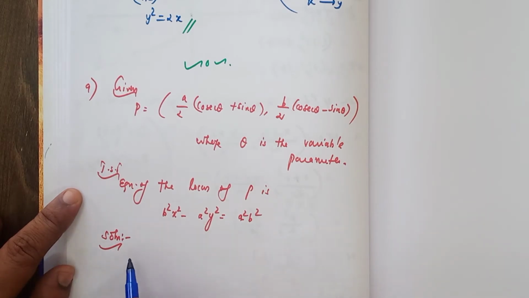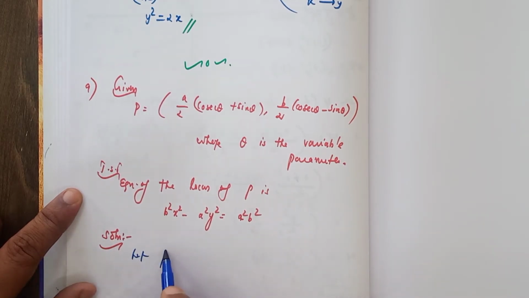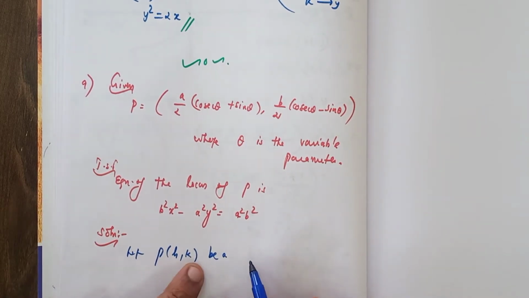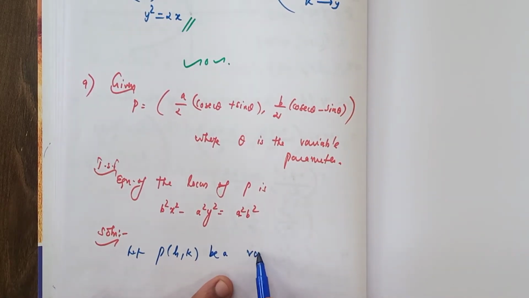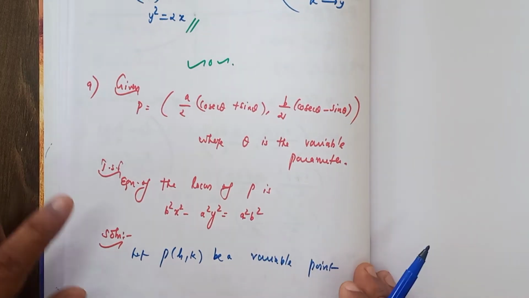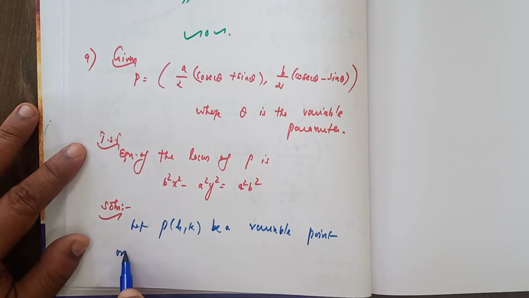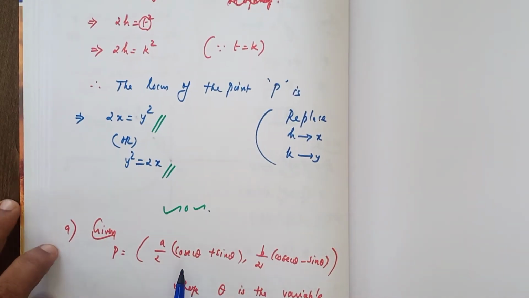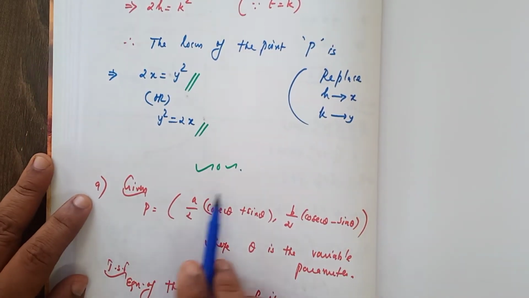Problem number 9. Let P of h comma k be a variable point or moving point on the locus. Here you are given that h and k, P of h comma k.